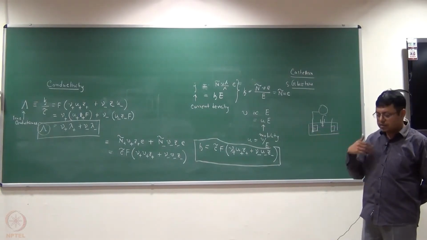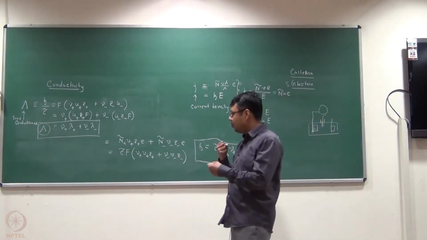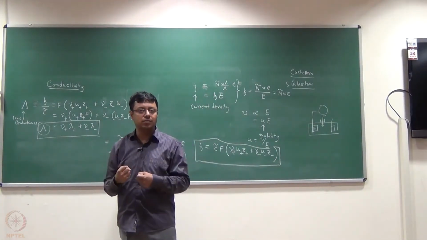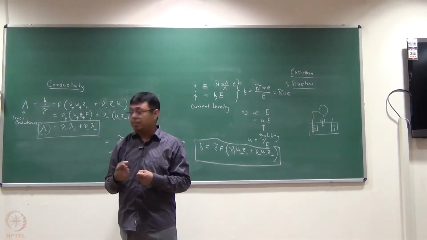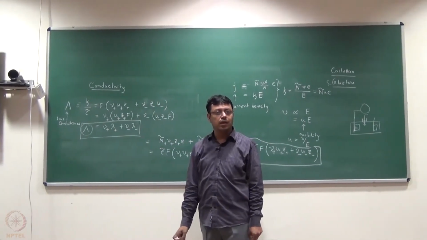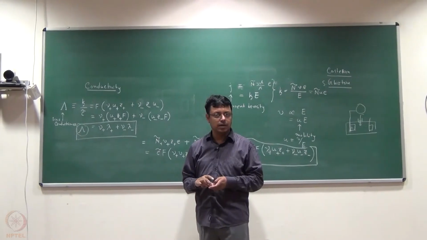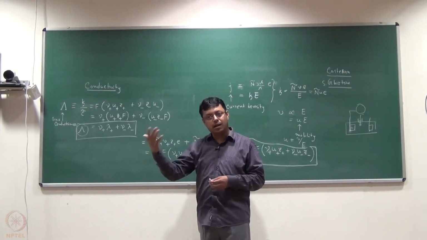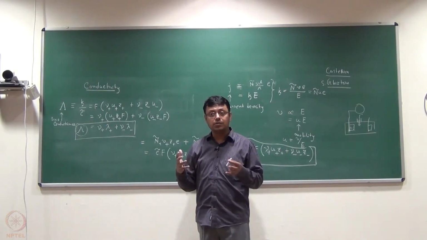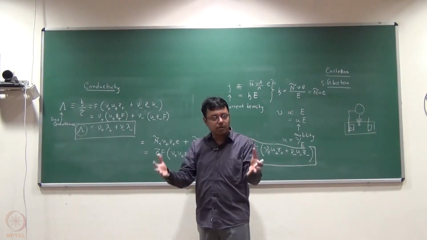Why? Because as I'm concentrating the sample, the movement of the cation is influenced by the movement of the anions, right? In all this derivation, the cation and anion speeds are not influenced by each other. Clear? But in a very concentrated solution, if I have too many cations, they will surround the anions, and the anions are also surrounded by cations.